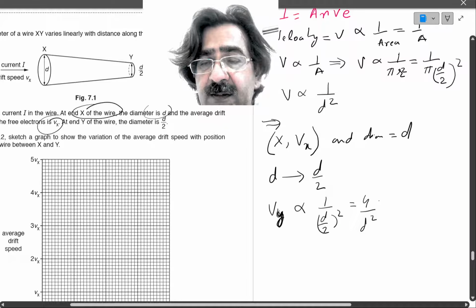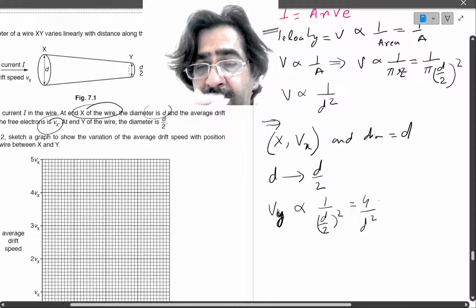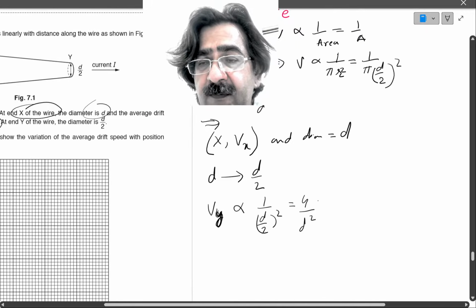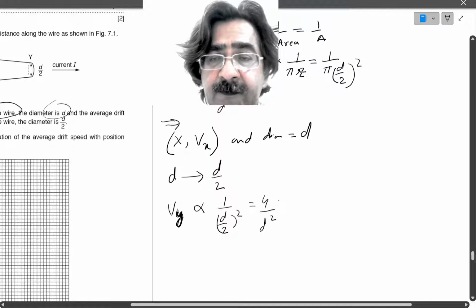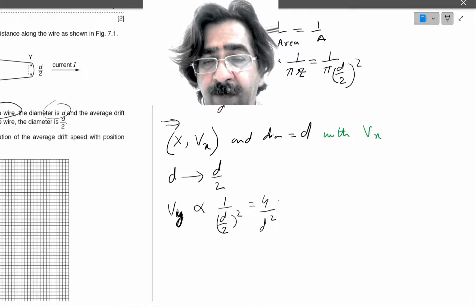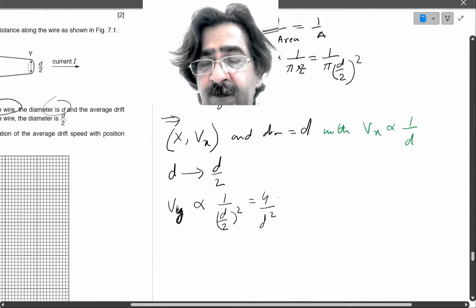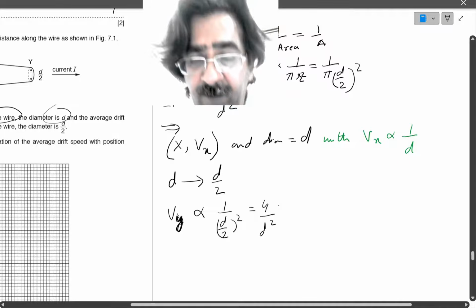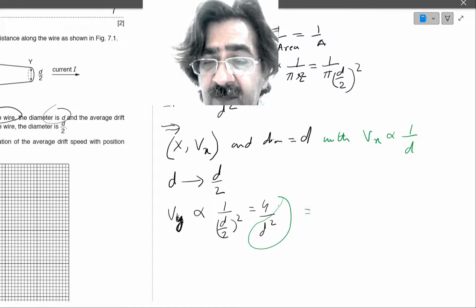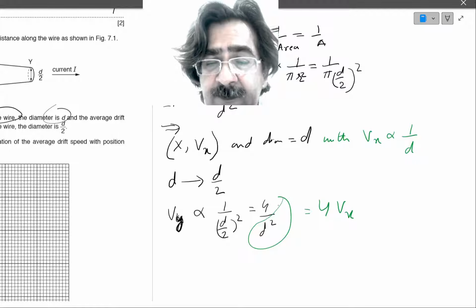If the diameter with Vx is 1 over d by 2, so that will be, if I consider, 4 Vx.